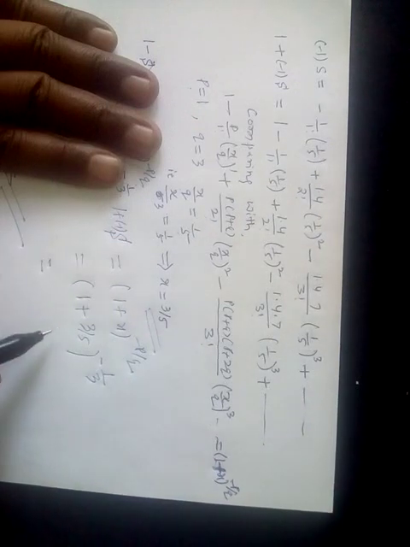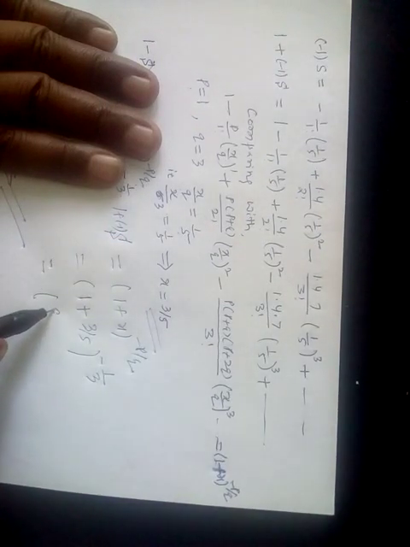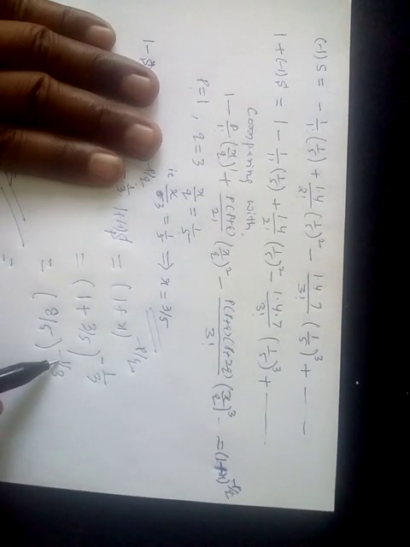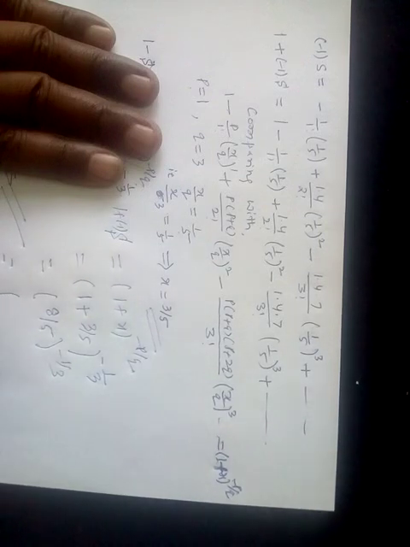Simplifying this, I get (8 by 5) to the power minus 1 by 3. Now, to make the index positive, I take the reciprocal of the base, that is (5 by 8) to the power 1 by 3. What is your LHS? 1 plus (minus 1) into S is your LHS.